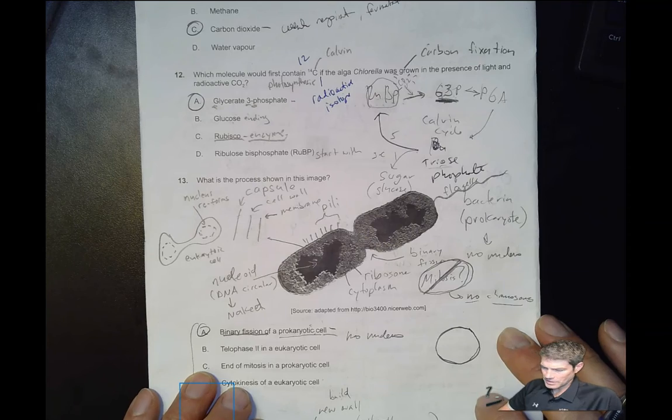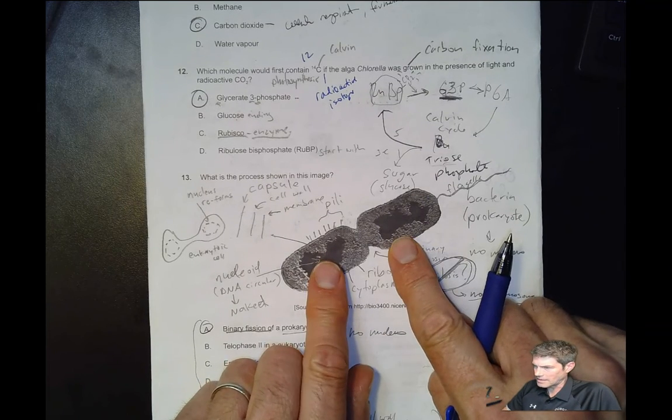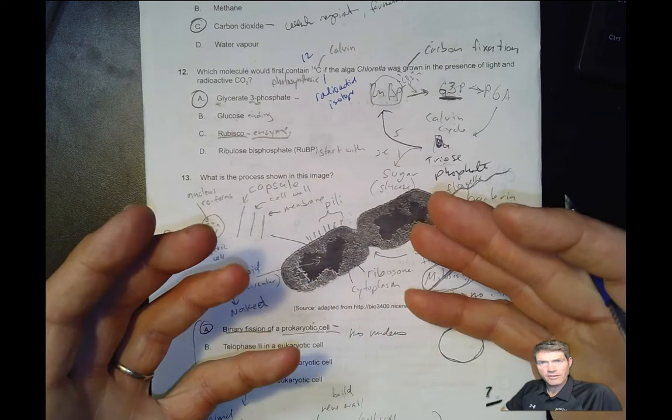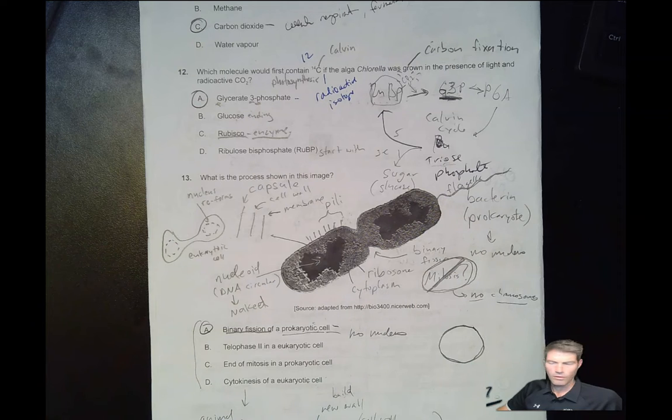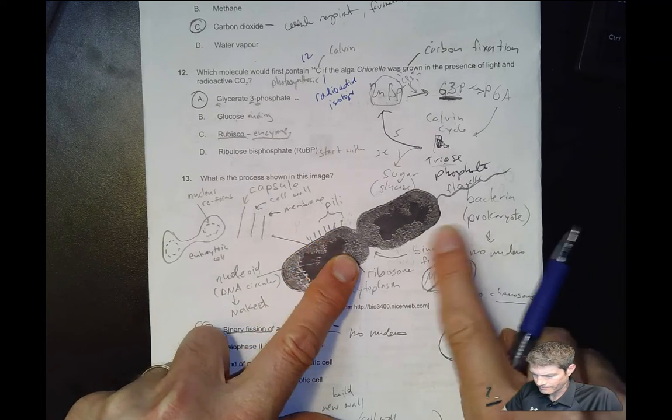Now, if you see something like this, it looks like a cell, right? But it's not very sophisticated. There aren't a whole lot of structures inside of there. So you might want to assume that that would be a prokaryote.